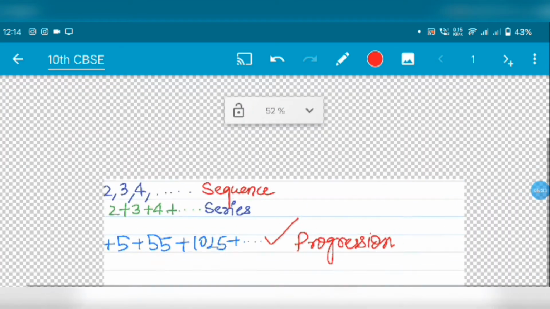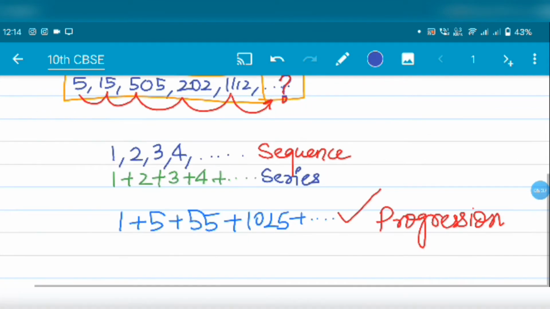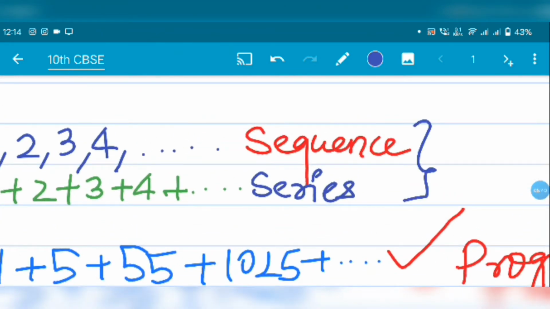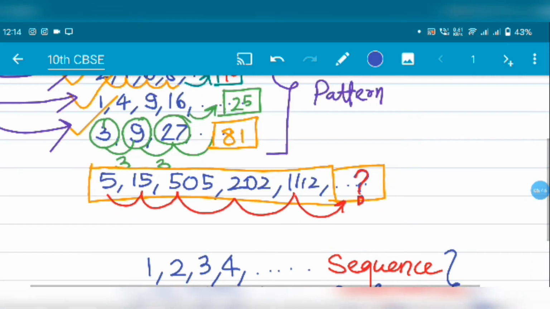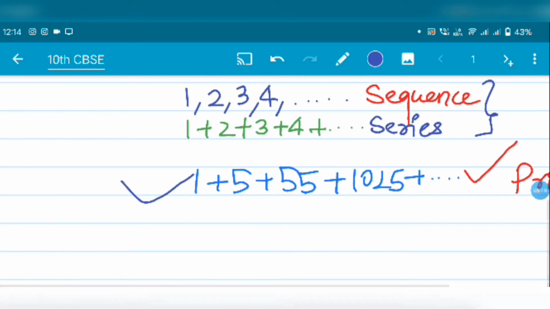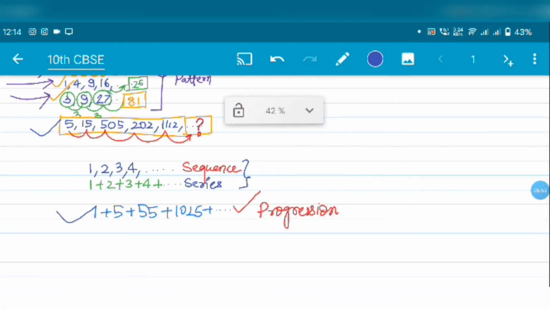Whenever you get a sequence or series like the earlier ones, we can easily identify the next upcoming number. But when we talk about this example, it is a very difficult task. So any sequence or series where we are unable to find the next upcoming number is not a progression.